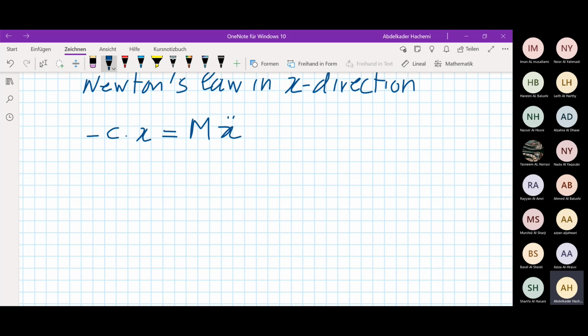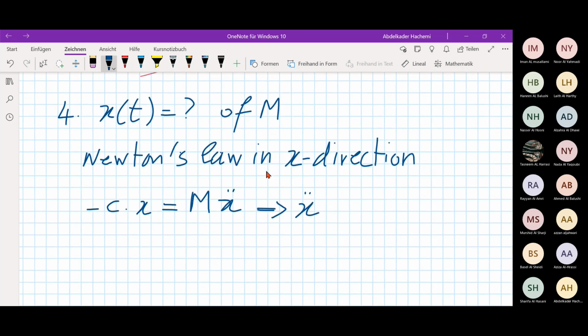Then we get x dot dot plus c divided by m multiplied by x, and this will be equal to 0. This is the differential equation of motion, and this term is only omega square.